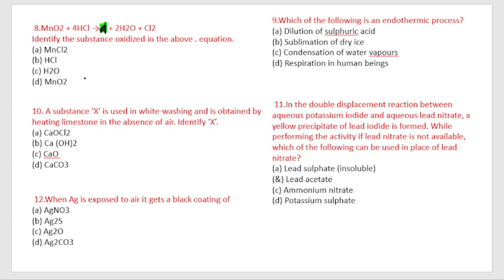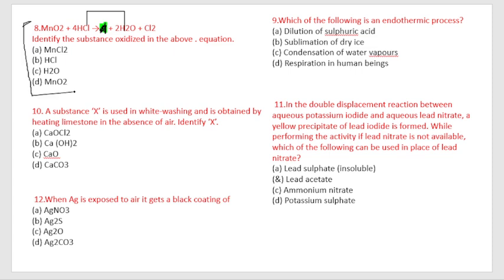Identify the substance oxidized. So clearly HCl is converted into H2O. Chlorine is removed and addition of oxygen is there. So we can say that HCl is oxidized.